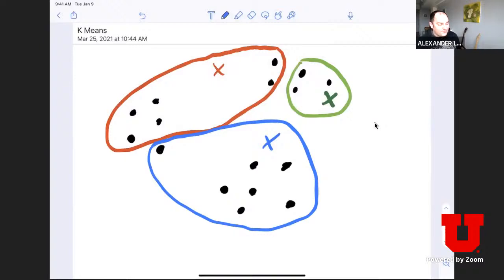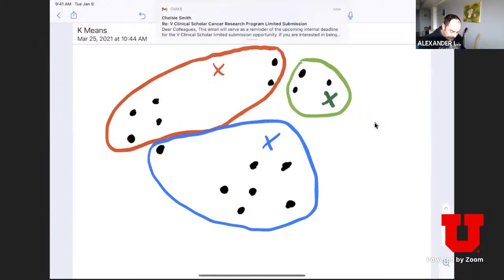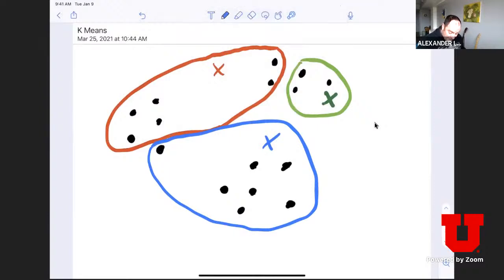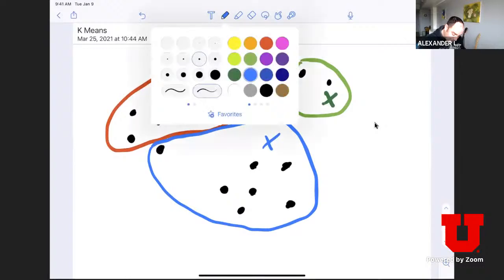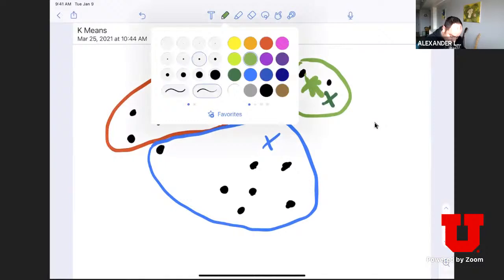Now the next step is we update our centroids. So we take the mean of all of these points here. Let's suppose I'm taking the mean of these 3 points here, and that is roughly in here, I would say. And so I'm moving my x to this position here.